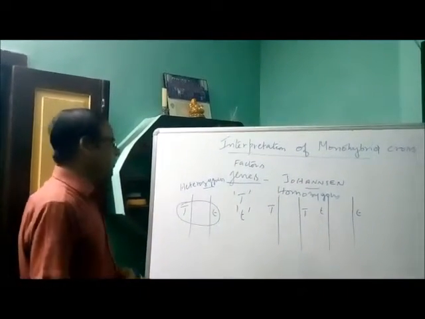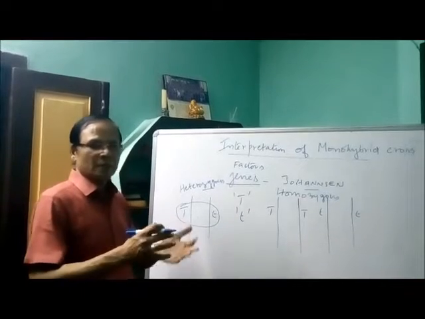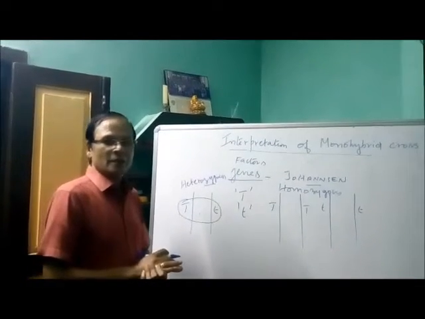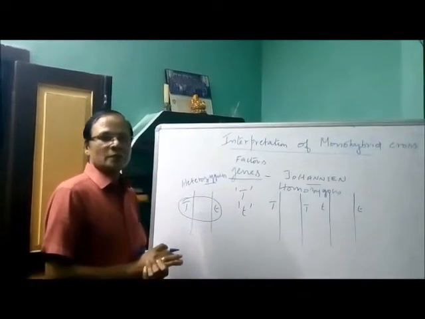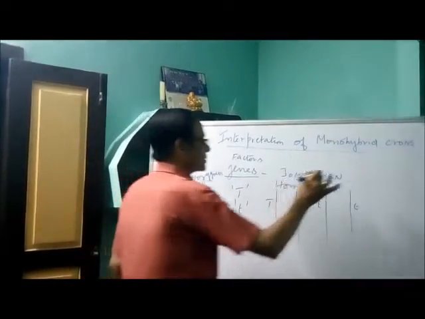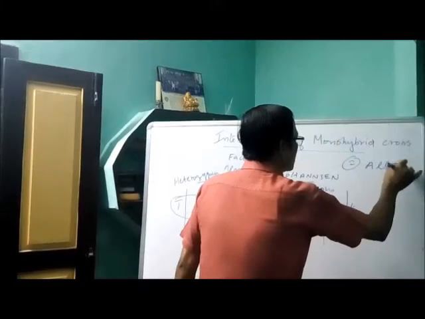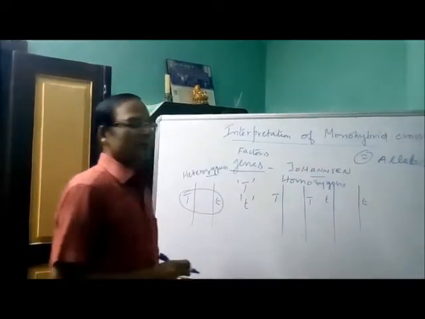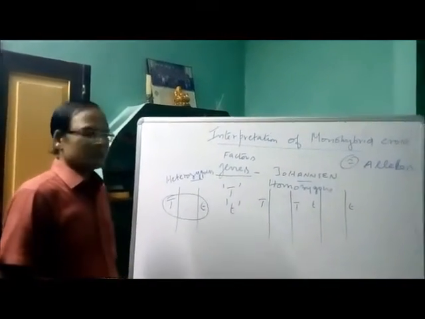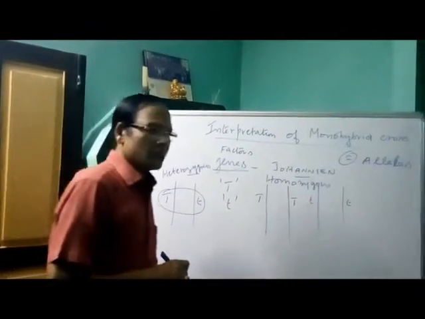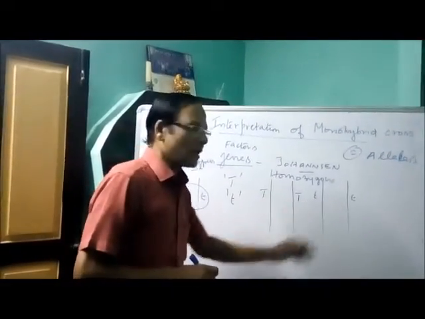Then the second contribution: the factors making up contrasting pairs of characters are called alleles. The factors making up the contrasting characters of a trait are called alleles. Out of the two alleles, here you can see the chromosomal map.